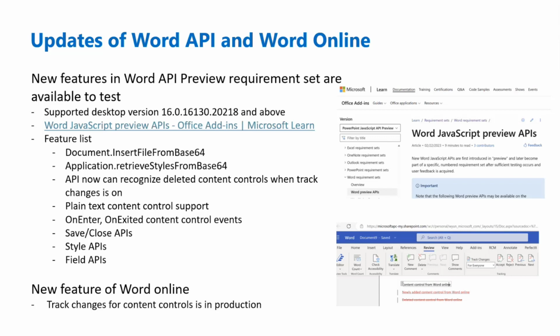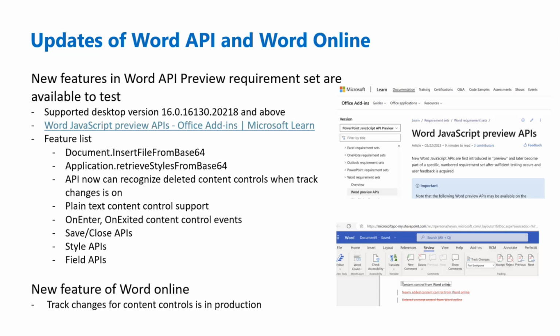Basically, this is used for inserting files from another document into the current working document with all the formats kept. Previously, when you did the insert file, you would lose some formatting information as well as other settings. I'll show a demo for that.